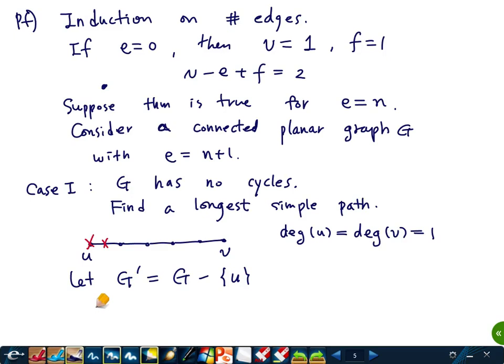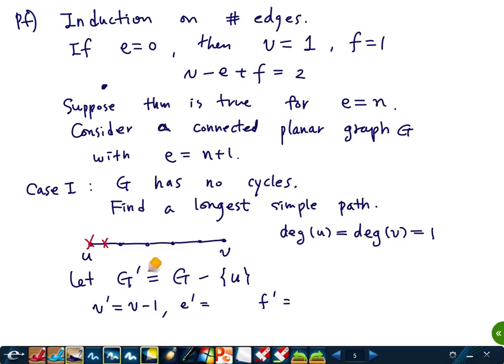And in this case, what is the relation between V prime, E prime, and F prime in terms of V, E, and F? V prime means the number of vertices of G prime, and so on. What is the number of vertices in G prime? V minus 1, because we just deleted one vertex. So V prime is V minus 1.